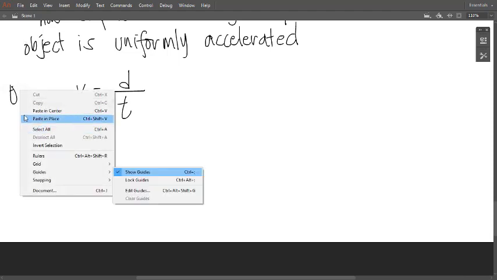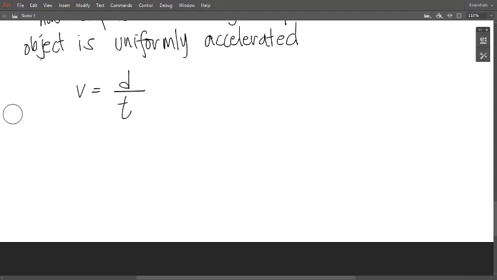Okay, so to arrive at d is equals to the product of velocity and time.